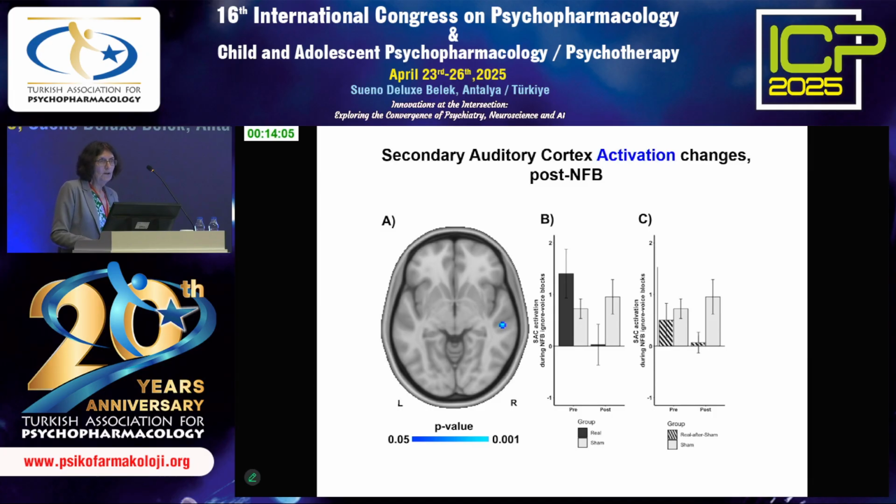But what was also interesting is that when we switched the sham group into real session, which is this next panel, people also here experienced reductions in activation in secondary auditory cortex, and not people in the sham group.